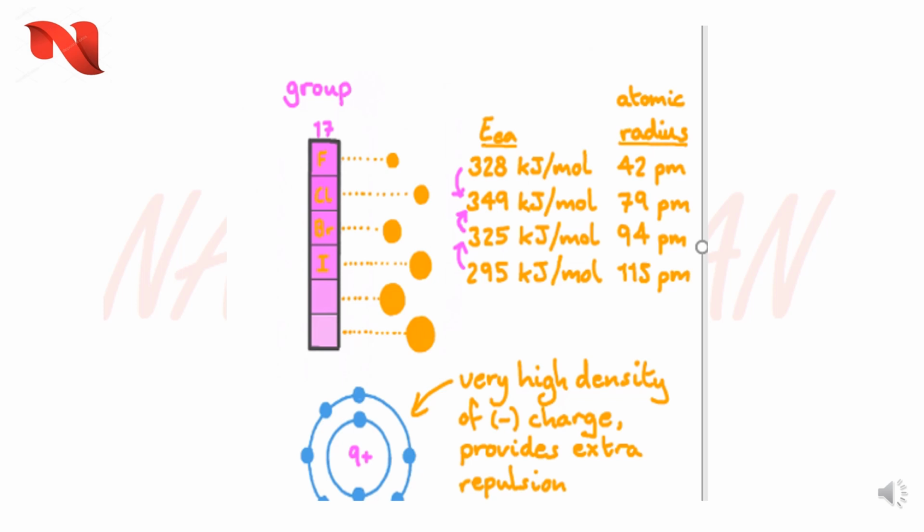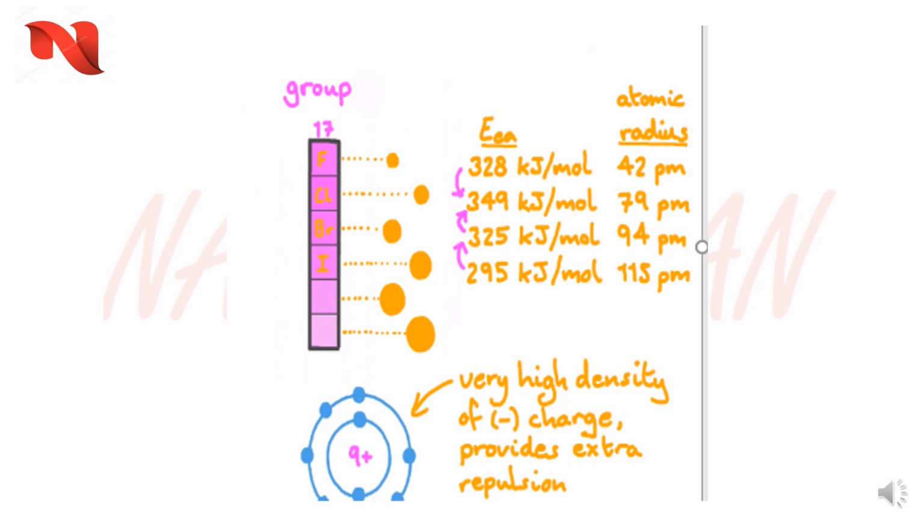The reason for the anomalous behavior of fluorine is that a fluorine atom has a tiny atomic radius of only 42 picometers. Chlorine's is almost double at 79, while those of bromine and iodine increase incrementally. Here is one atom of fluorine, 9 electrons surrounding a nucleus with a 9+ charge.